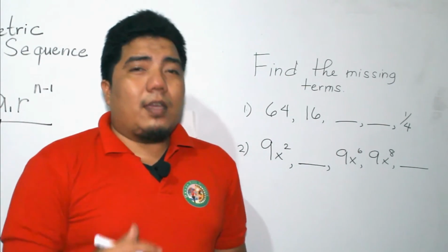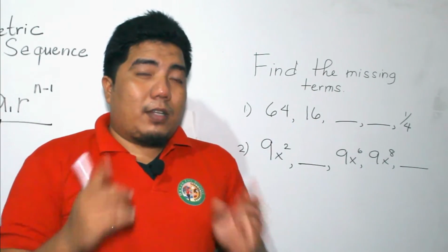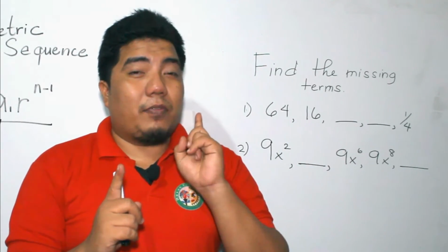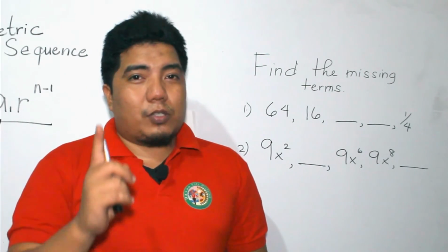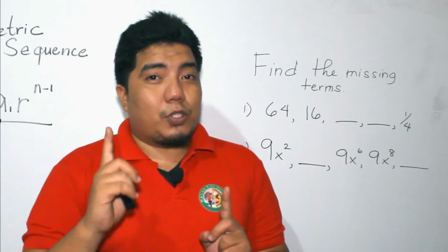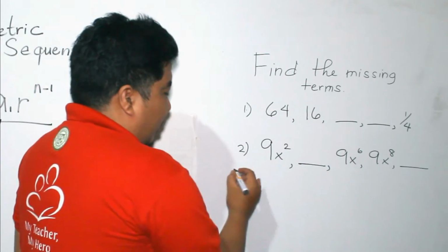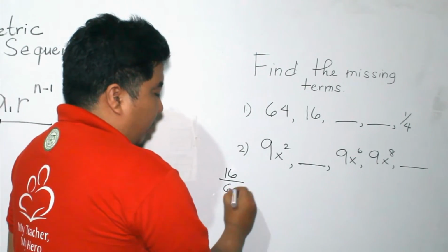Remember that in getting the common ratio, what you will do is you divide the two terms. But the numerator or the dividend will be the latest term, while your divisor will be the previous term. Okay, so we have here the first and the second, right? So the second will be 16 divided by 64.